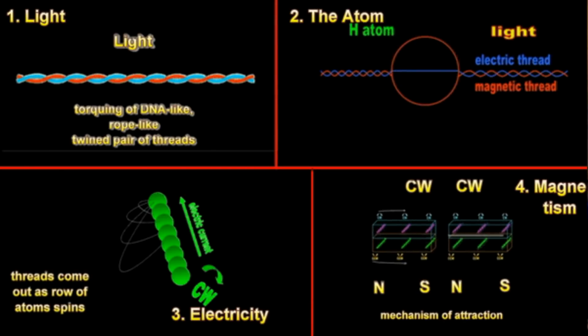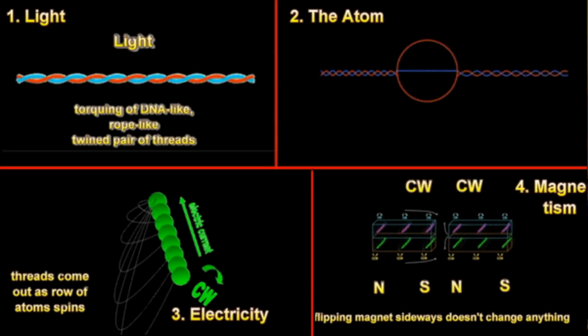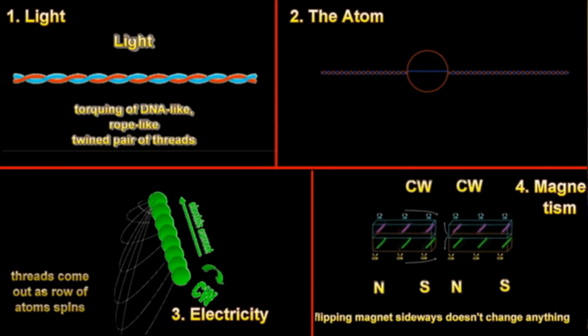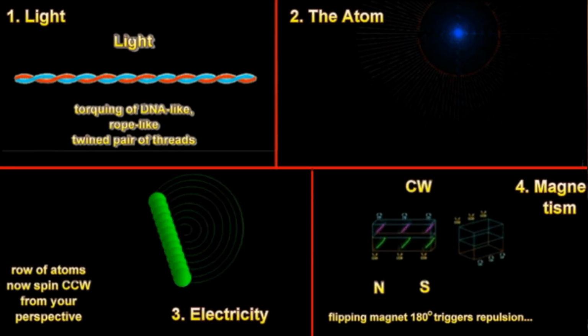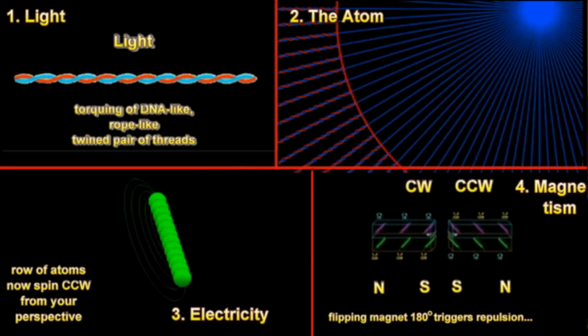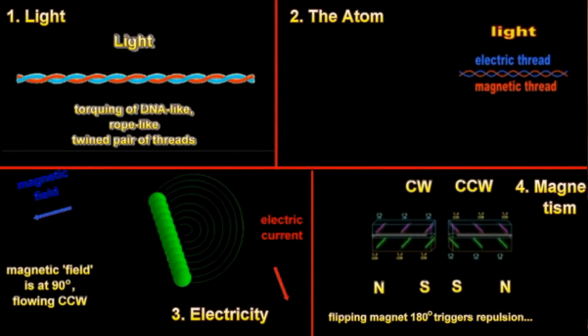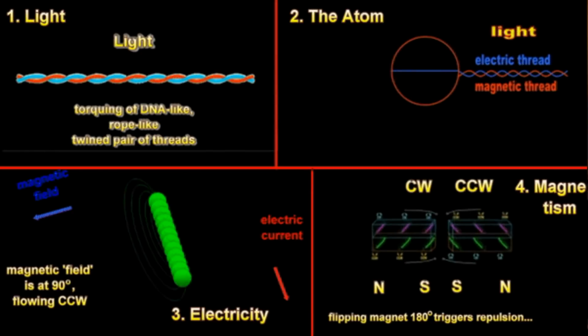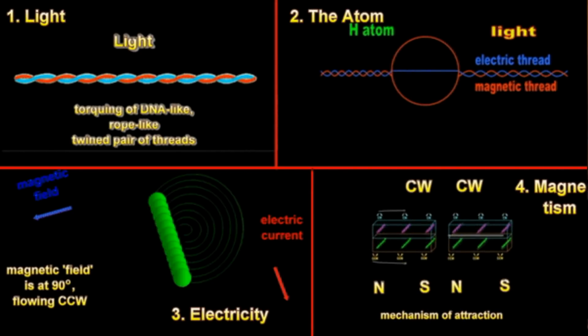On the lower right, number 4, magnetism. The threads, you can see those blue lines there, violet lines and green lines. Those are the rows of atoms, really molecules, but for simplicity's sake, I put them as atoms, just so people can relate to the mechanism.